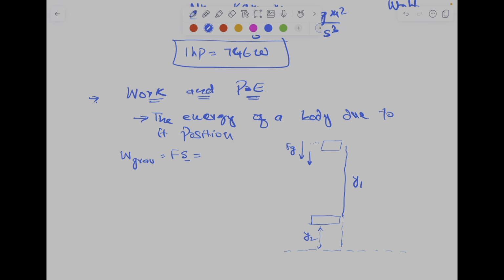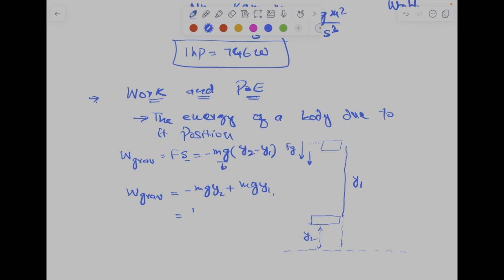Okay, so this force is the gravity. So we have minus mg (y2 minus y1), the force of gravity, and this work, which is the gravitational potential energy, is nothing but minus mg y2 plus mg y1.